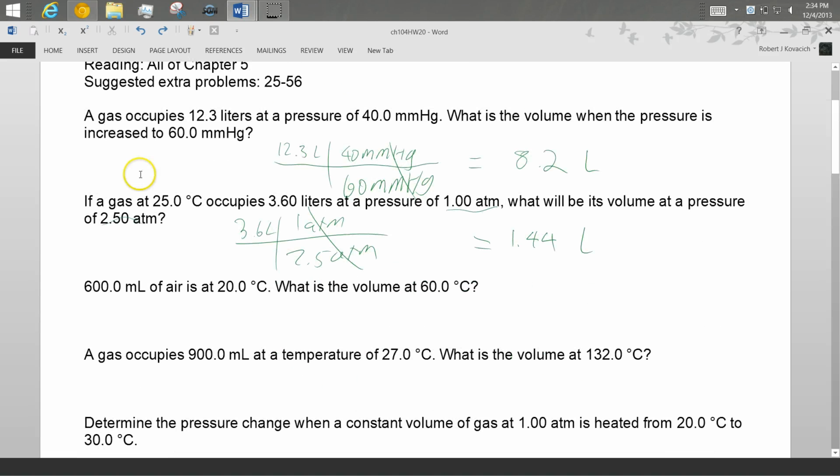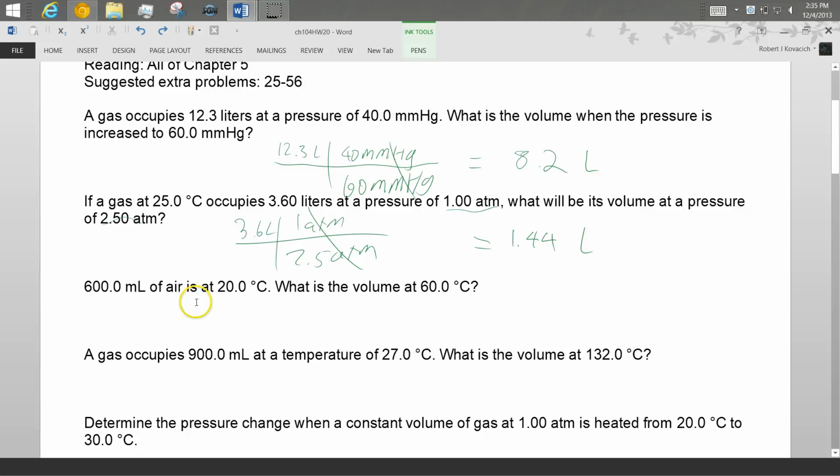All right, so for this next problem, we've got 600 milliliters of air at some temp. What is the volume at the new temp? All right, so we need to figure out what a volume is. So another volume problem, looks like milliliters we can use this time. We're given 20 degrees Celsius and 60 degrees Celsius. What's the first thing that we need to do when we see one of these gas law problems with temp?